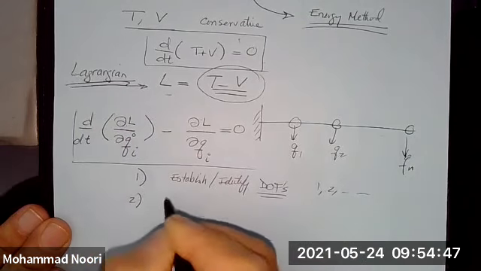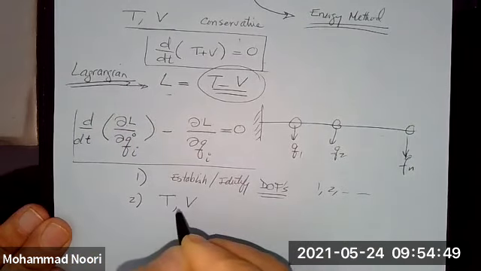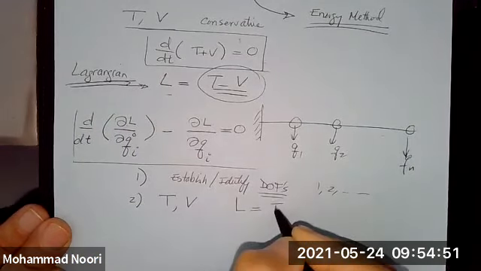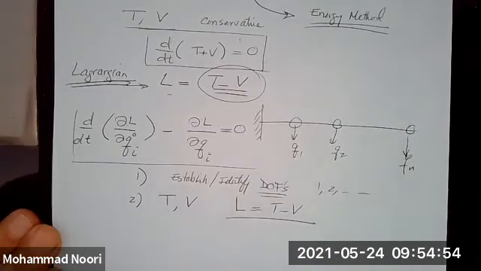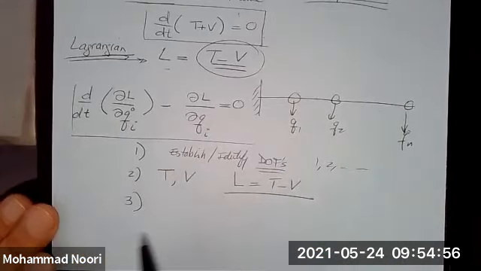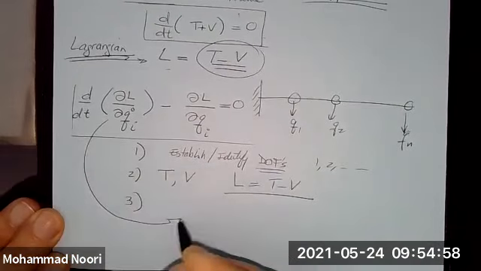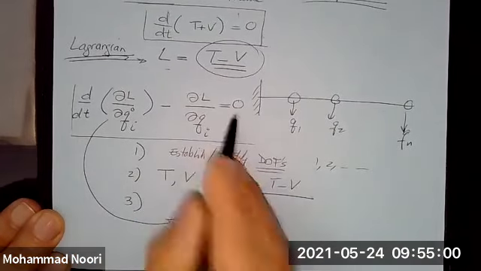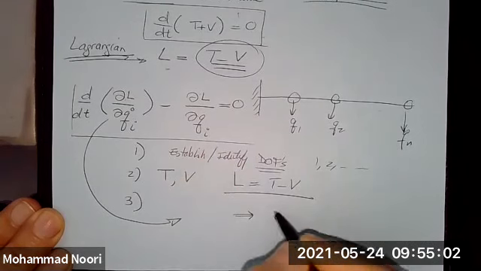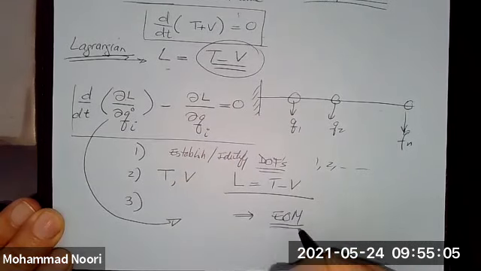Two, set up kinetic energy and potential energy and find the Lagrangian. Okay? And then use this formulation and you will get the equation of motion.